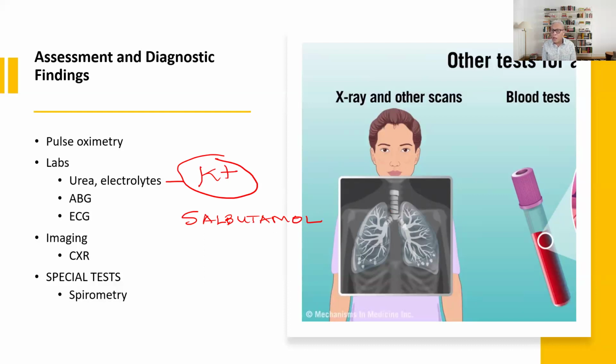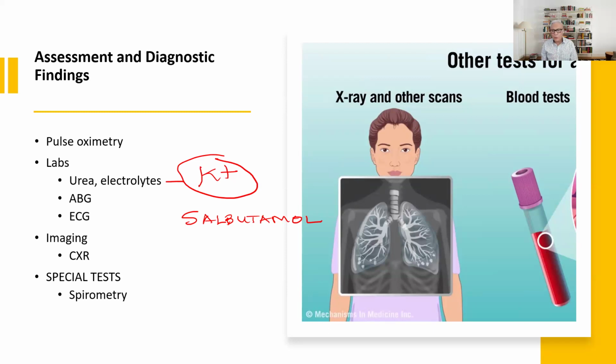The reason is that salbutamol causes the potassium to go into the intracellular space, which can therefore cause hypokalemia. All right? ABGs, for obvious reasons, may help reveal hypoxemia as well as respiratory acidosis.